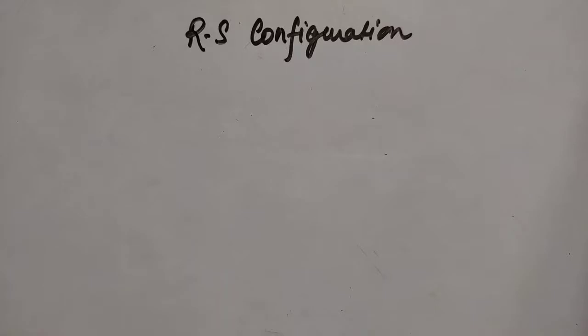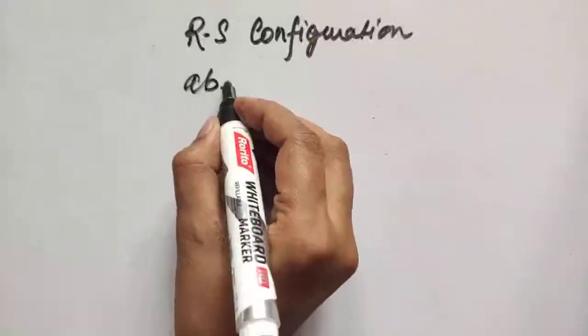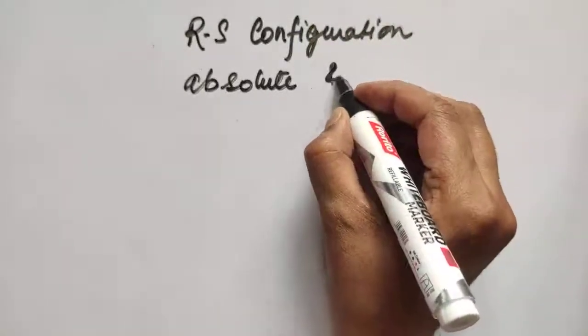So let us start. The arrangement of the atoms or groups of atoms which characterizes a particular stereomer is called its configuration. That means it is the arrangement of its atoms in space. Now the two terms which are commonly used to describe the configuration of different stereomers are absolute and relative.